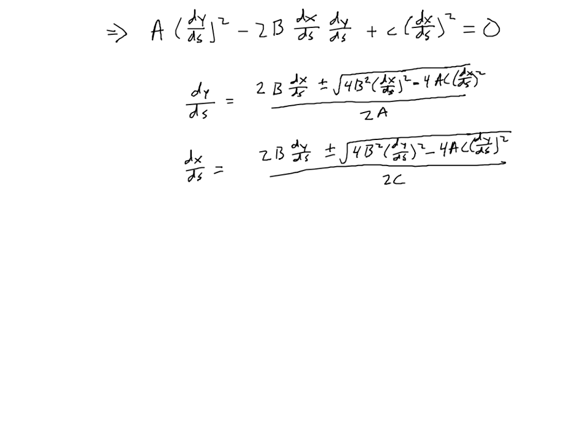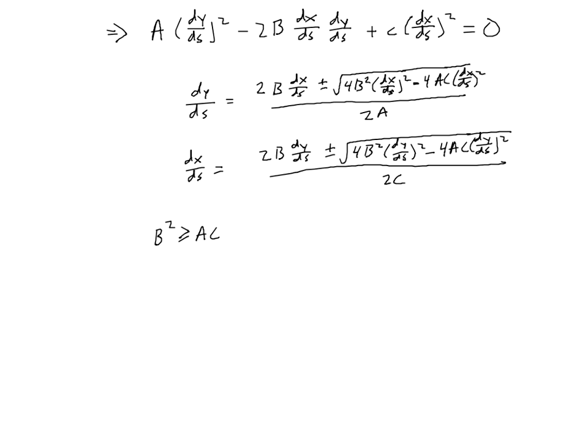So what this means is that depending on what A, B, and C are, these characteristics are or are not real numbers. And if they're real, then they might exist. And how many exist depends on different things. For example, let's suppose you have B squared greater than or equal to AC.